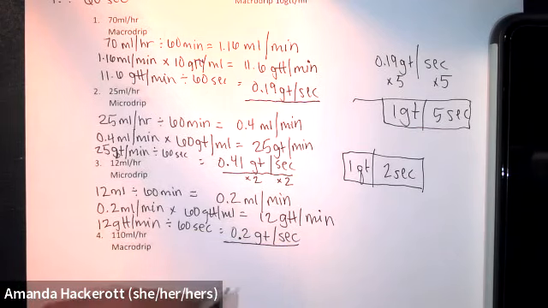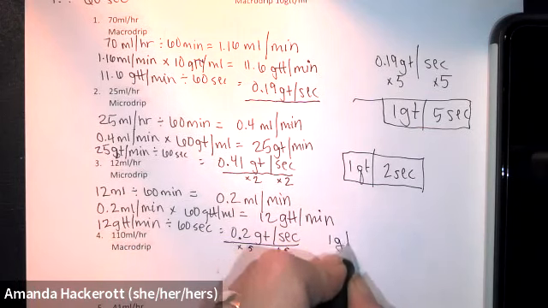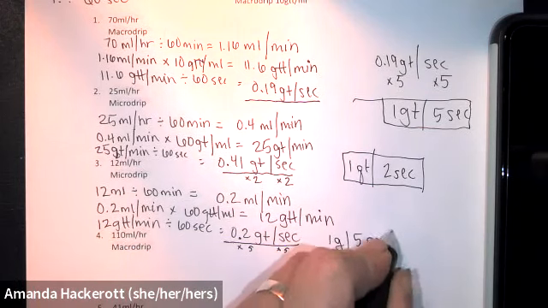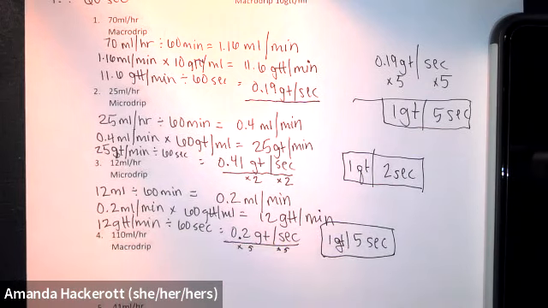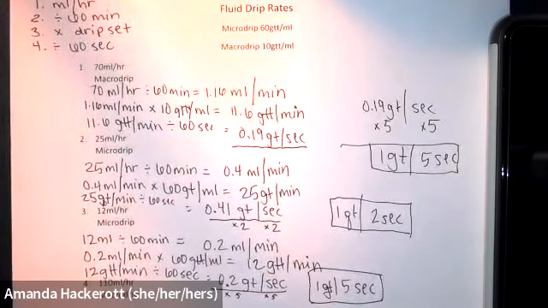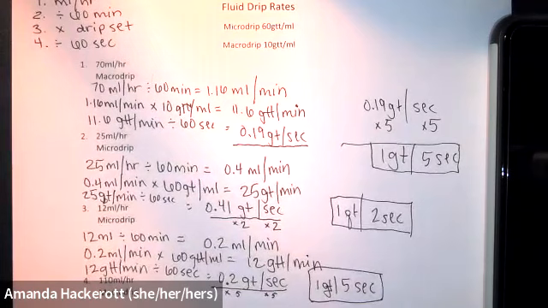Again, we're going to times each side by 5. Times them by 5, and that's going to give us the 1 drop again in a 5-second time period. Okay, so that is your fluid drip rate calculations.